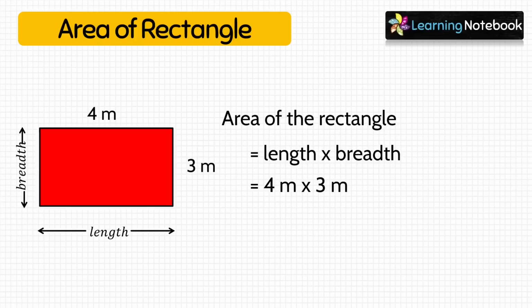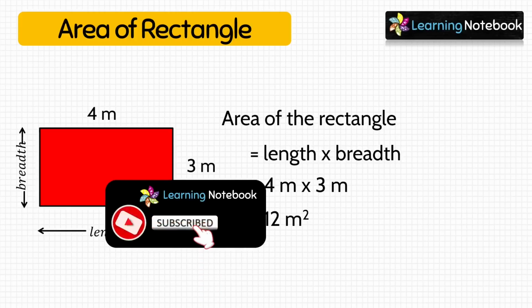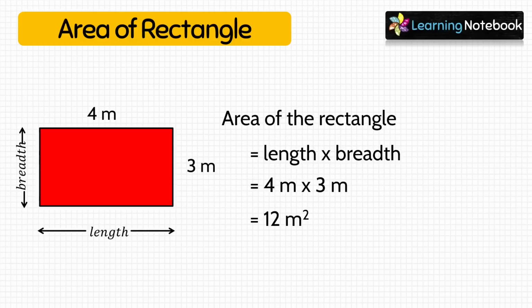So 4 into 3 equals 12. So area of this rectangle is 12 square meters. Students, please do note that unit of area is square meters or square centimeters, because here we multiply length and breadth.